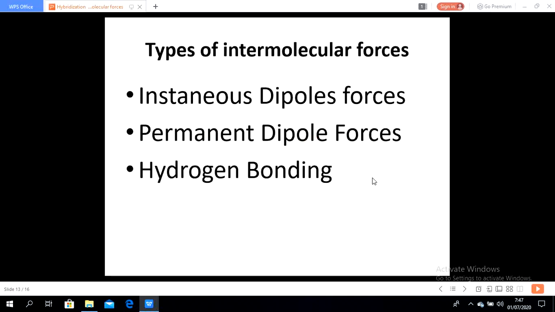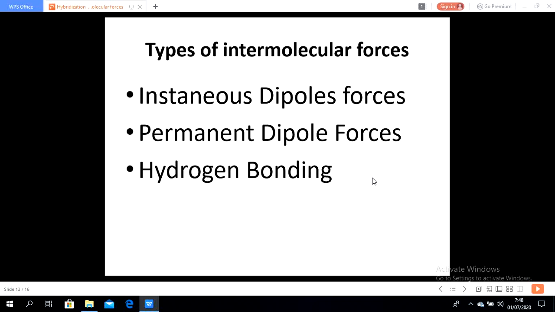And then the types of intermolecular forces. There are three: instantaneous dipole forces, permanent dipole forces, and hydrogen bonding. Instantaneous dipole forces and permanent dipole forces can be called van der Waals forces.